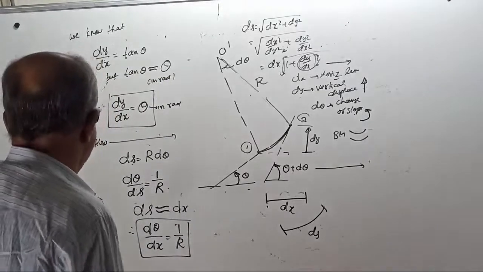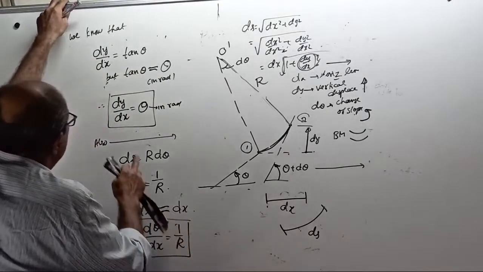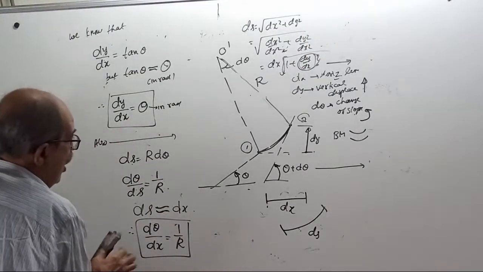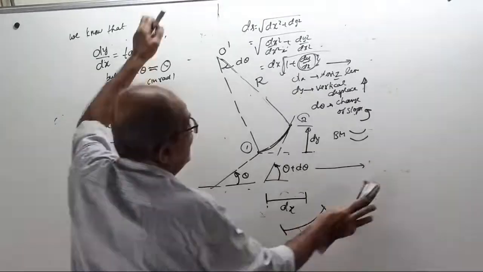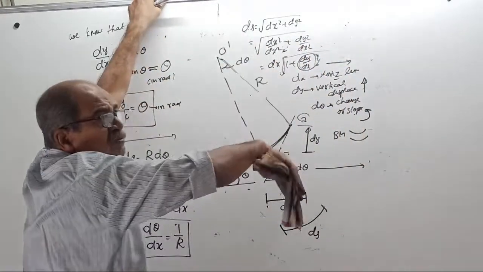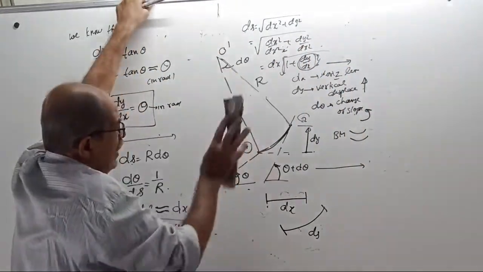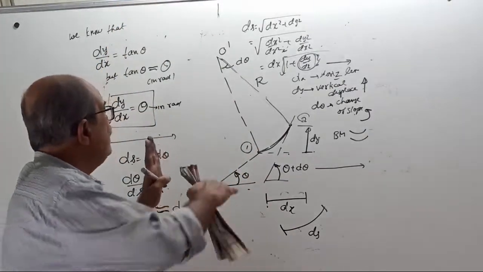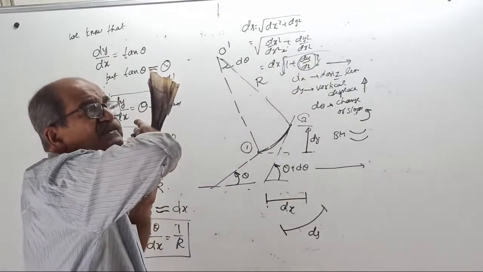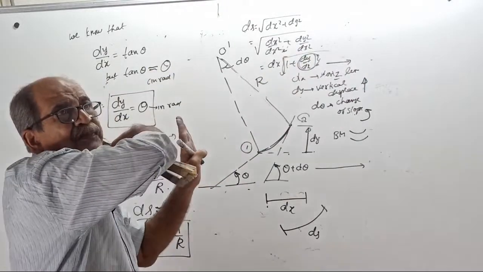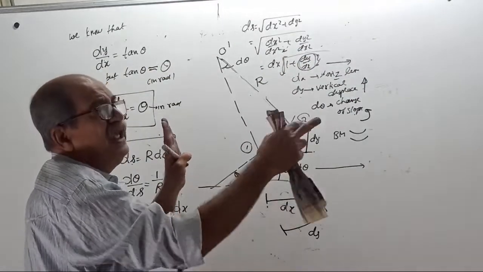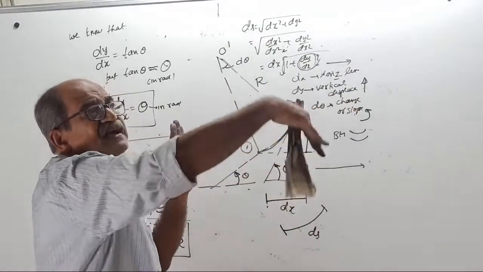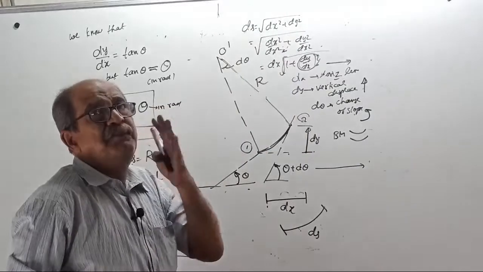Okay, now dy by dx equals theta, and d theta by dx equals 1 by r. I will remove this now, it is not required. But before I remove it, make a note: in the derivation I have done, x is to the right side, the origin is on the left side, y is taken up, dx is taken to the right side, theta is taken anti-clockwise, and bending moment is sagging.